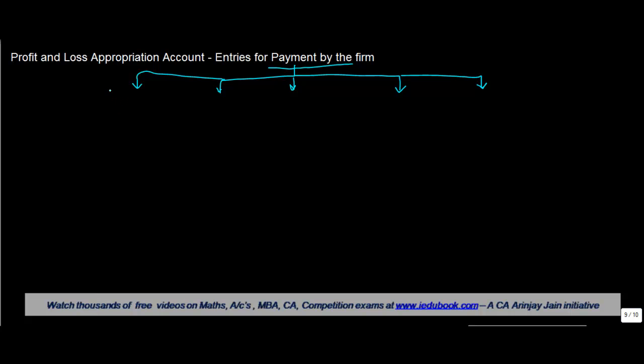So first thing can be, let's say for example, some salary which the firm may pay to the partner, right? There could be some commission, right? What else can the firm pay to the partner?